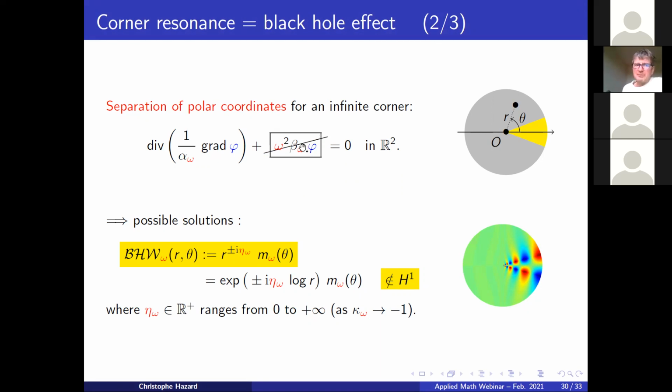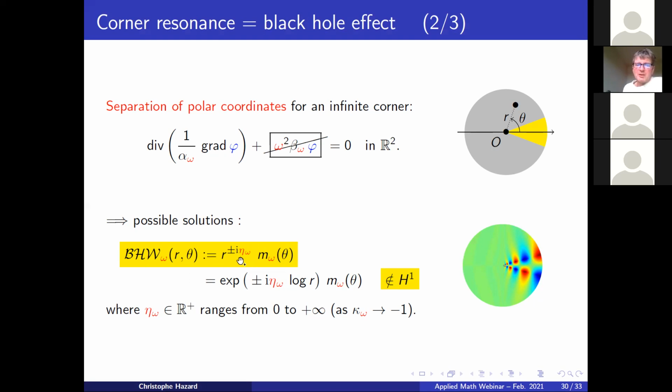And using separation of variables in polar coordinates, I obtain what I call my black hole waves here, which is the product of a function of r by a function m of theta, which I don't give the expression for, but it can be shown explicitly with sine functions.